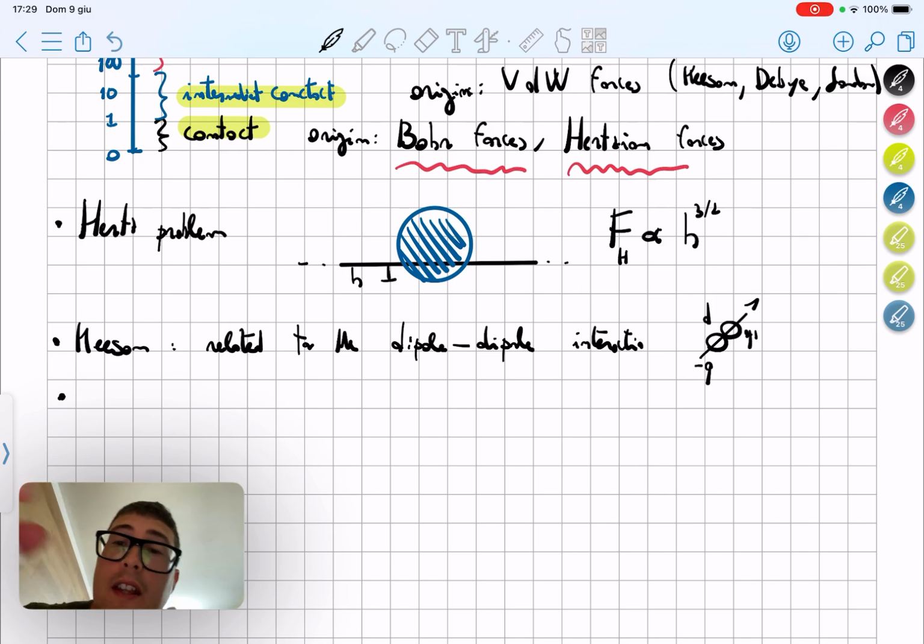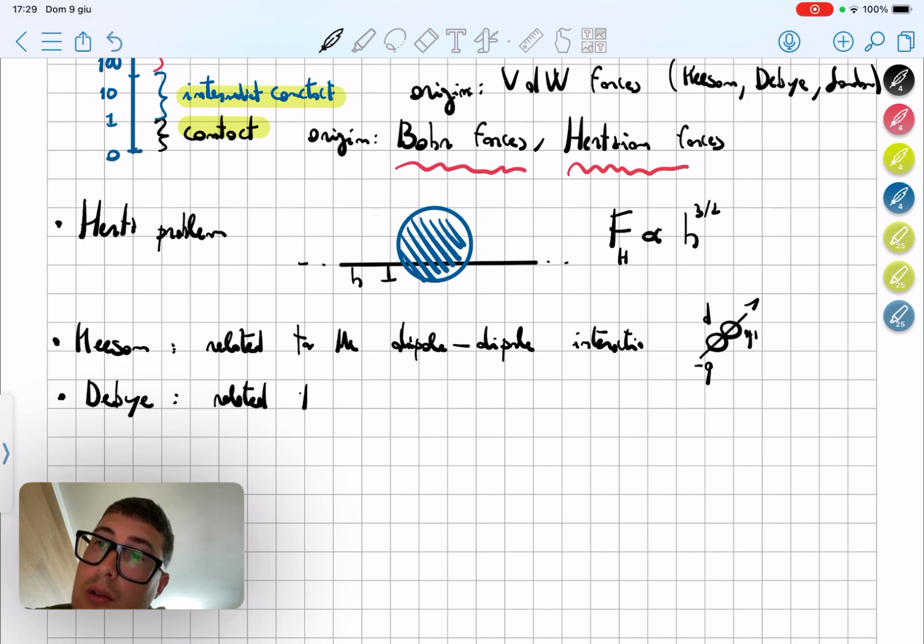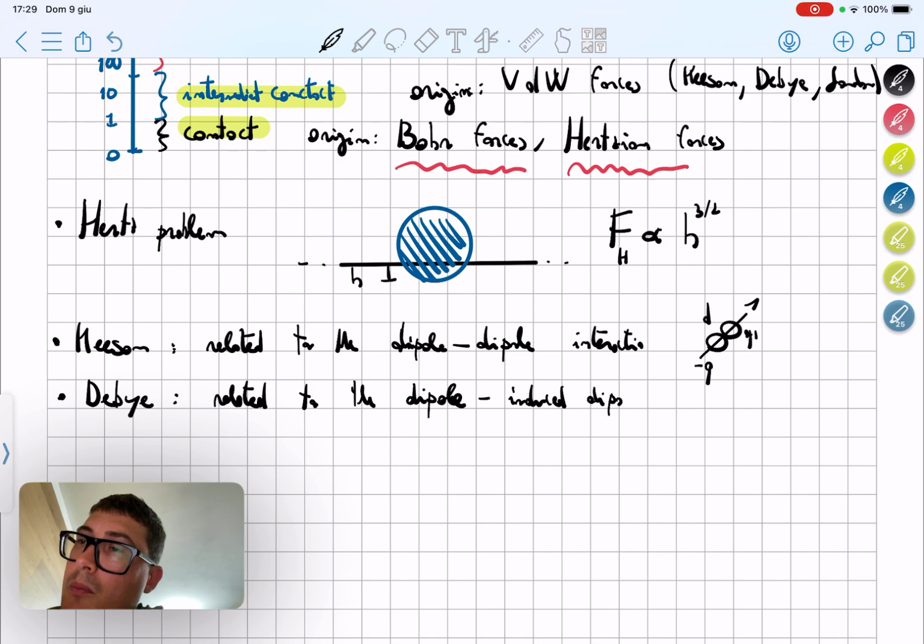But this is not the only effect. As we know, a dipole may also cause an induced dipole in a neutral atom, and therefore this gives rise to the Debye forces, which are related to the dipole-induced dipole interaction.